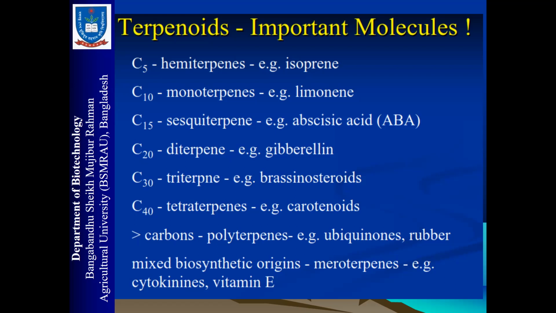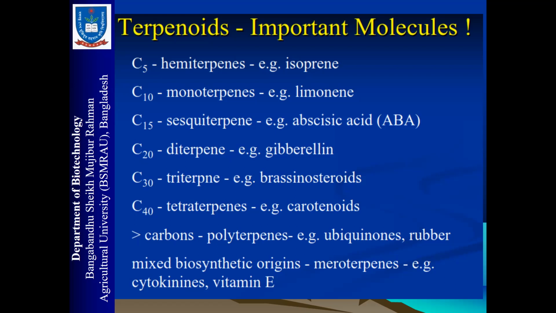In the case of hemiterpene, isoprene is the example. This is the smallest terpene, because terpenoidal compounds contain carbons in multiples of 5: 5, 10, 15, 20, 30. So the smallest unit is C5, at least 5 carbons are present in the structure. Isoprene is the best example for hemiterpenes.